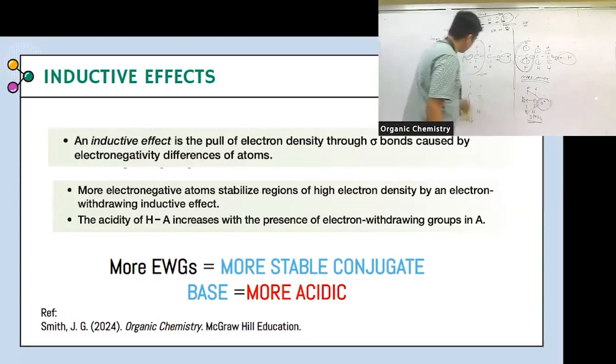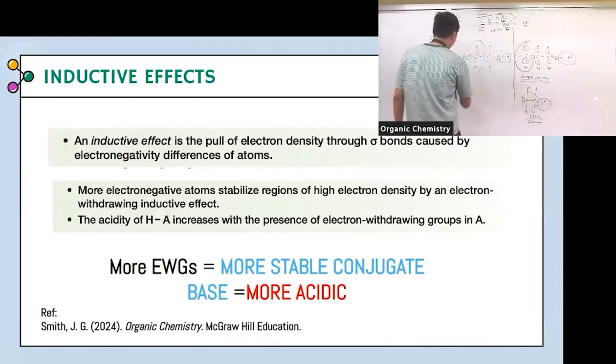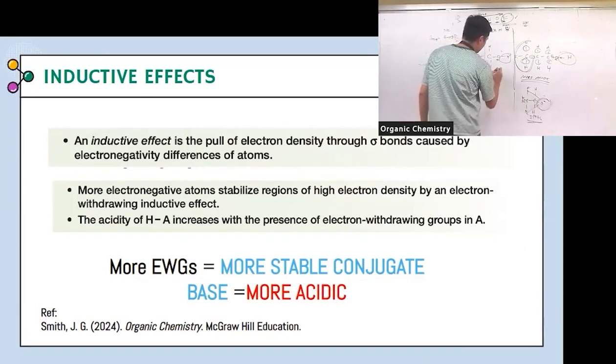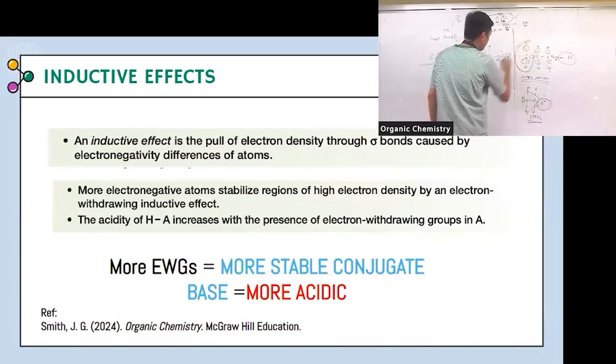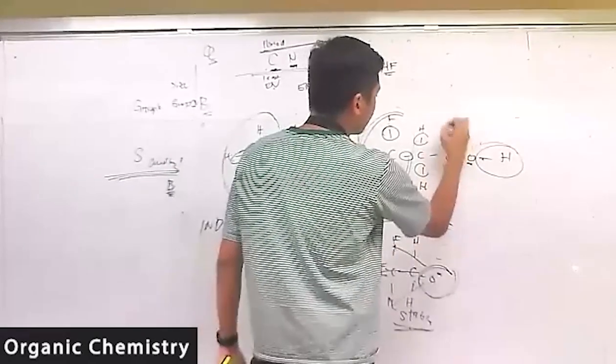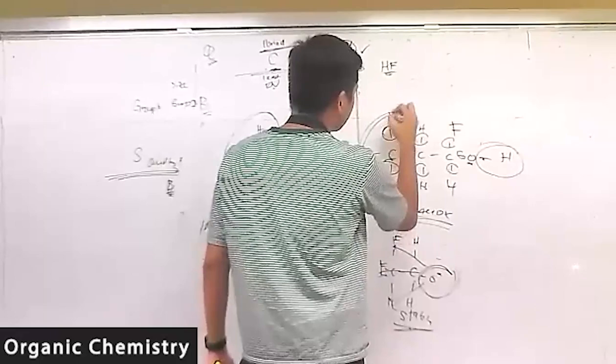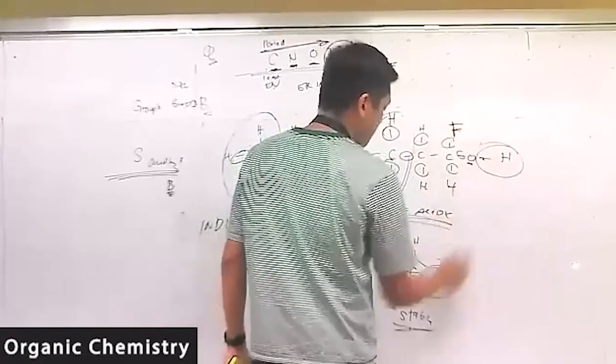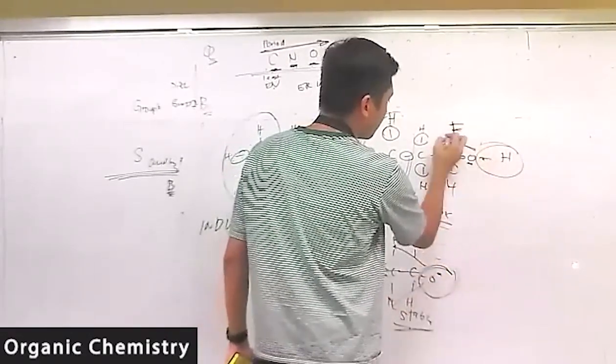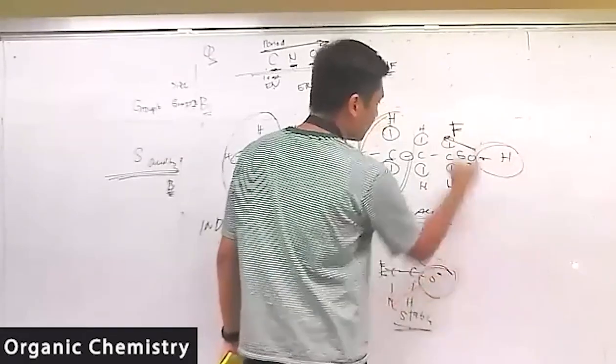So just so you know also, as I mentioned earlier, the inductive effect is caused by sigma bonds. Inductive effect, in turn, has two factors. You want your electronegative atoms to be near the negative charge. So if I were to put F here and replace that with one F, the inductive effect would be even stronger because it is closer to the negative charge.